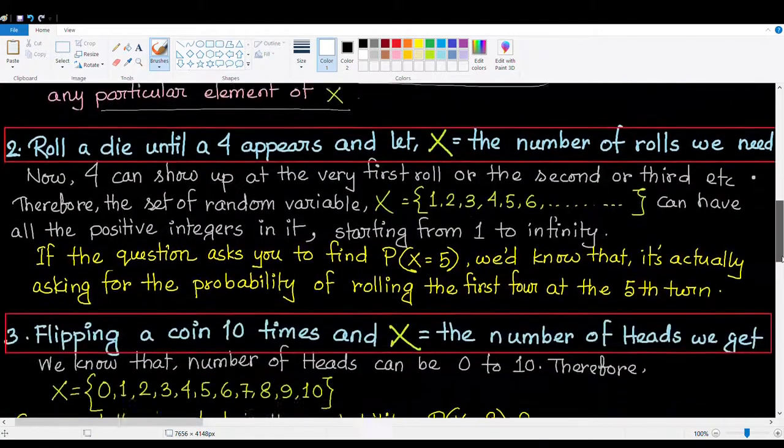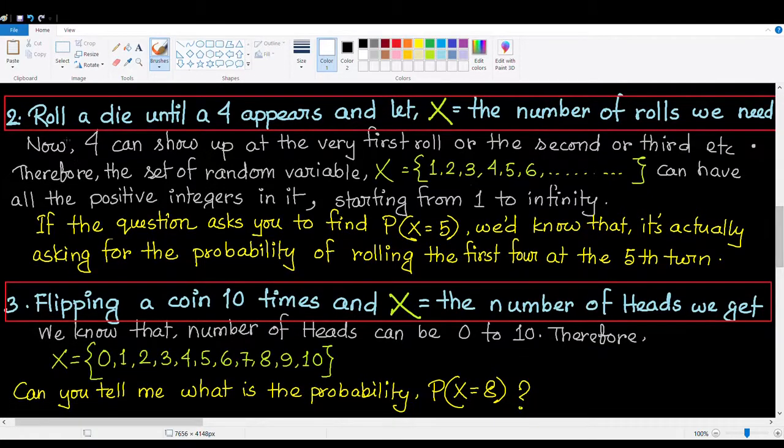Now let's go to example 2. In example 2, we are rolling a die until a 4 appears and let X be the number of rolls we need. Now you know that 4 can show up at the very first roll. If we're lucky, it can show up at the second roll or the third or fourth.